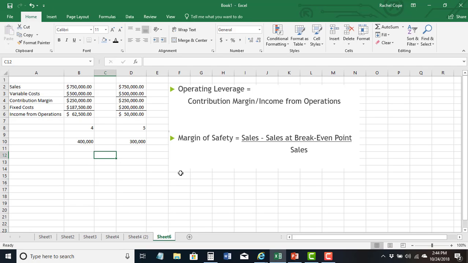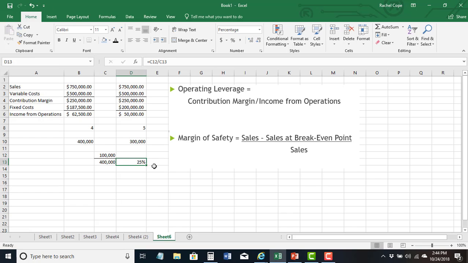So sales minus sales at break-even point gives us 100,000. And then divided by sales, which was 400,000. So that divided by that one. And then we can change it to a percentage, and we end up at 25%.